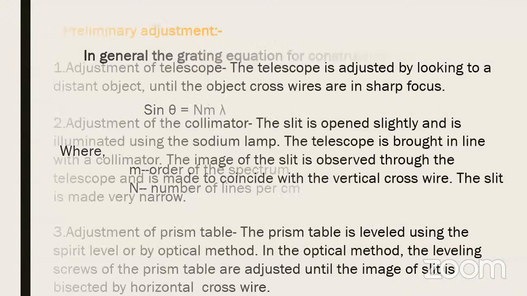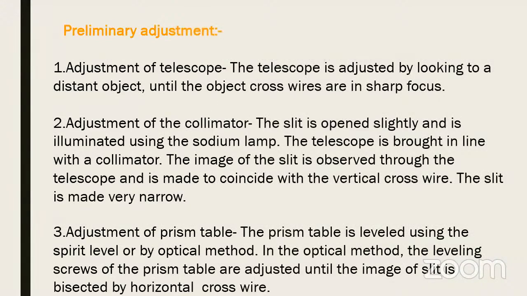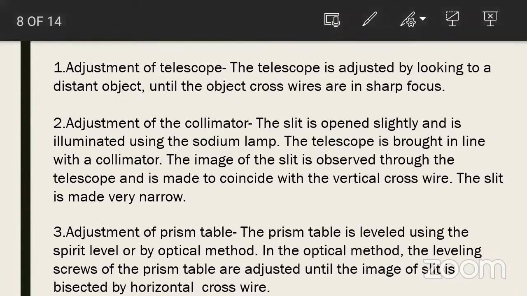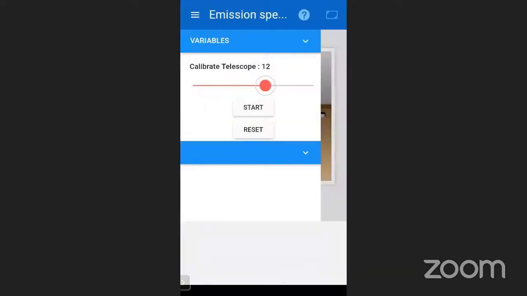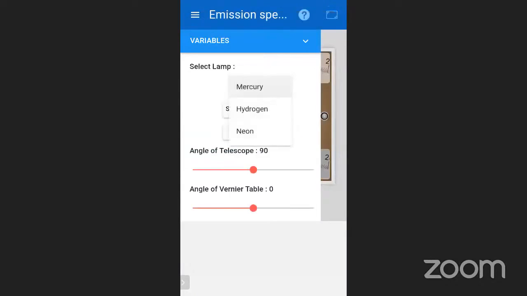First we perform the experiment as a virtual lab. We switch on the mercury light and place the grating.